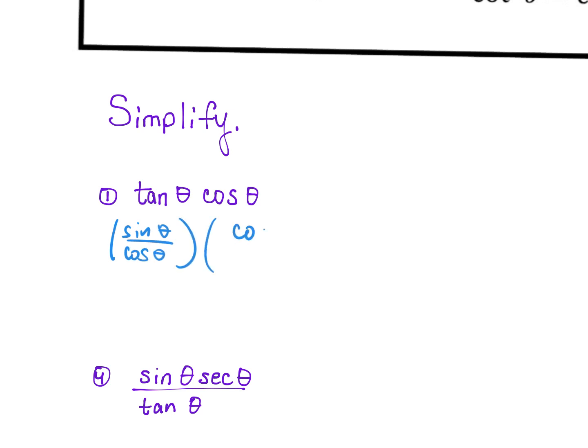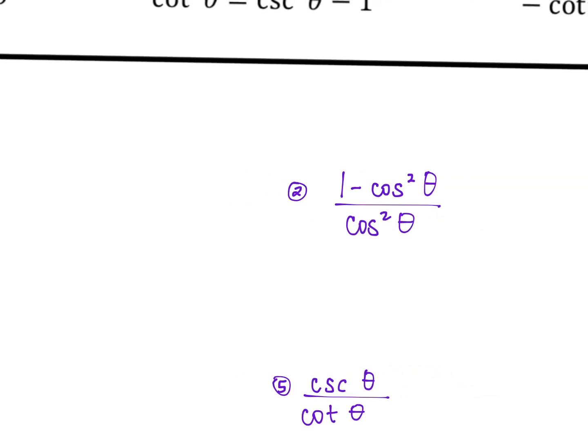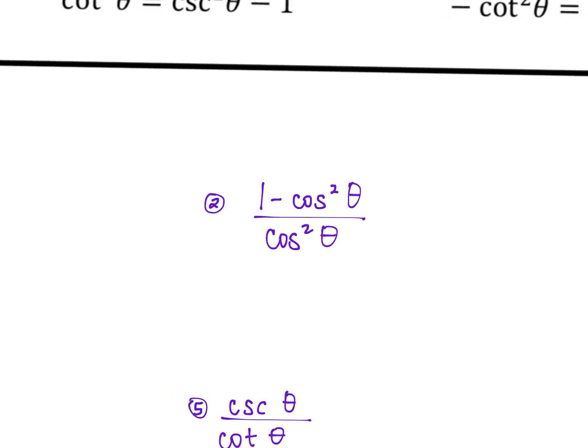And then I have times cosine over 1, and then what happens? The cosines cancel, and you're left with what? Perfect, sine theta. If you want to change everything to theta, if you want to change everything to x, it does not matter to me. Whatever you do it's totally fine. Whatever you're comfortable with.